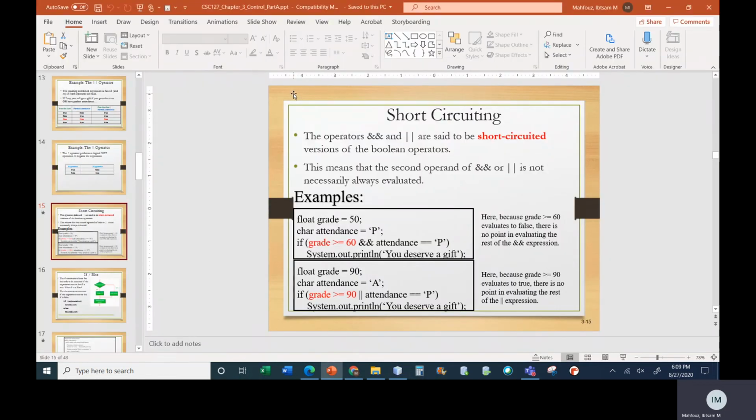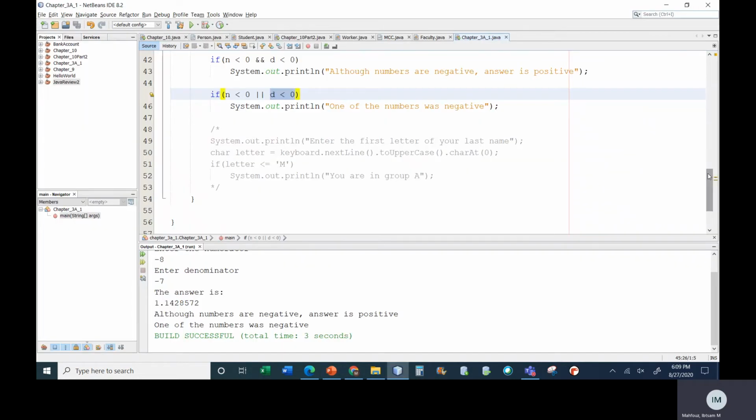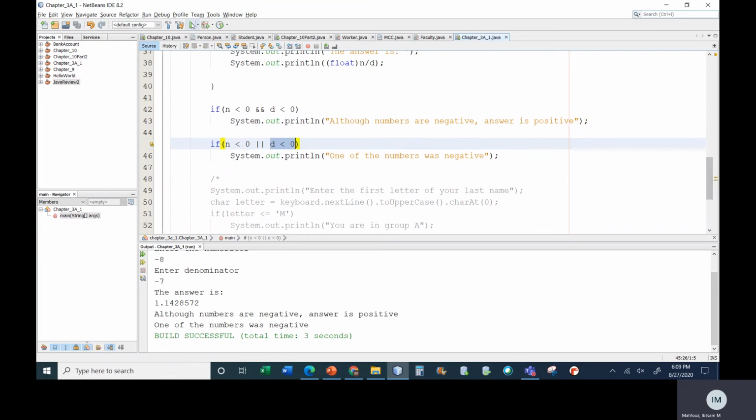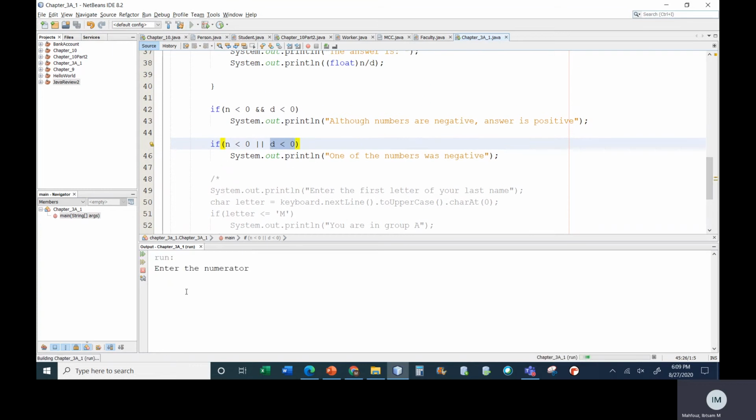Now there's something called short circuiting, which basically says that in some circumstances we might not have to test the whole expression. So for example, let's run this code, and let me put a denominator of -10. Now the code is going to check, is n less than 0?